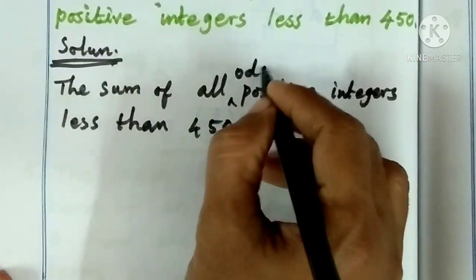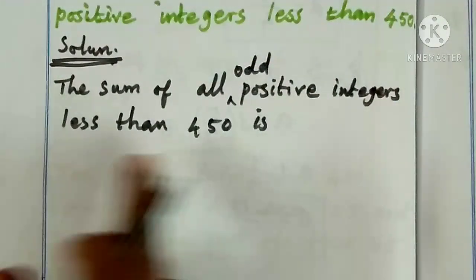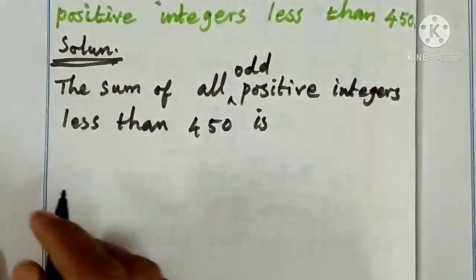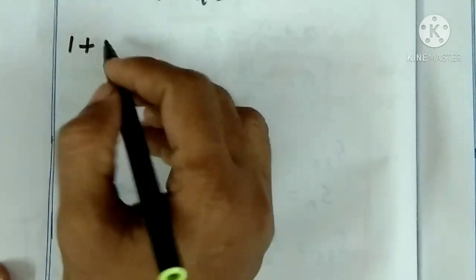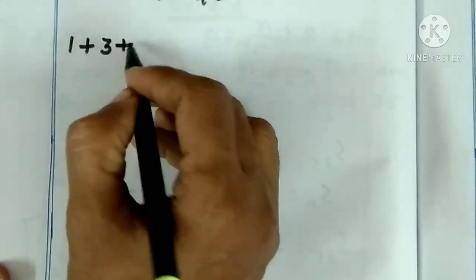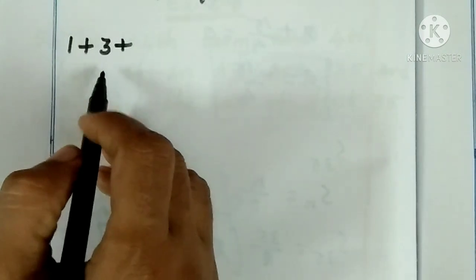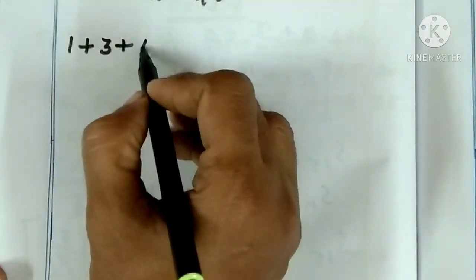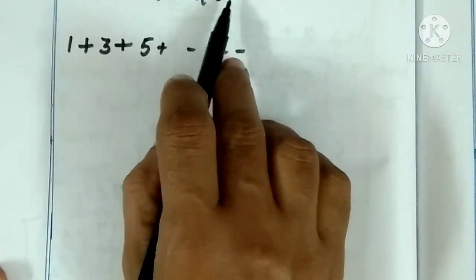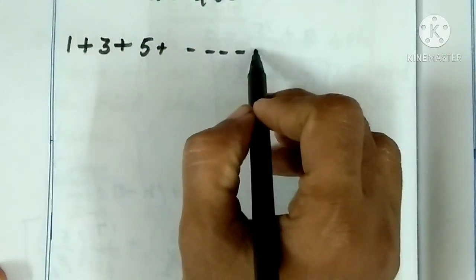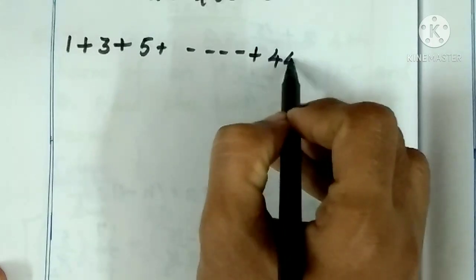All odd positive integers start from less than 450. Therefore, the series is 1 plus next odd positive integer 3, then plus 5 up to less than 450. So, the last odd number is 449.